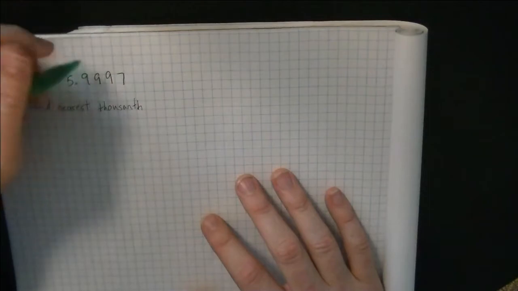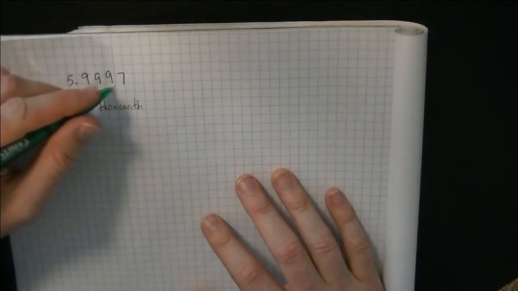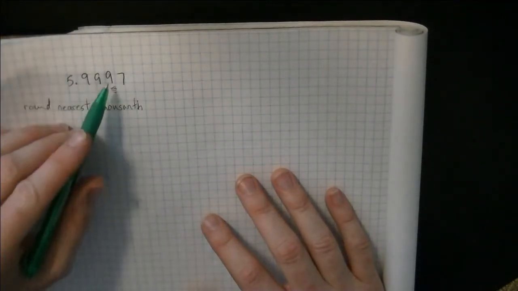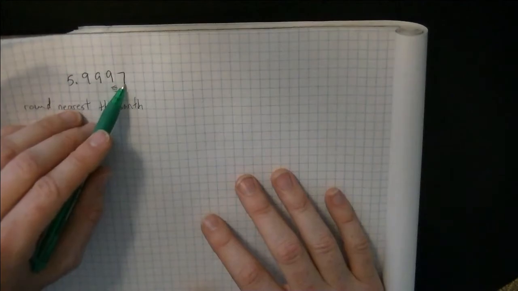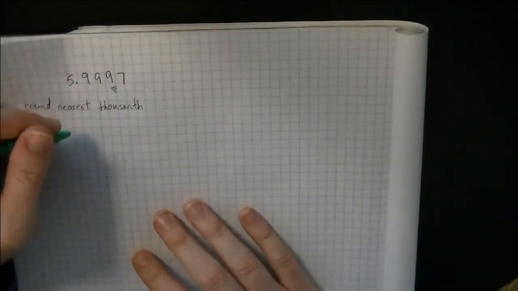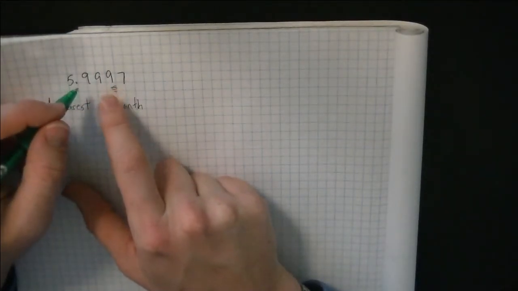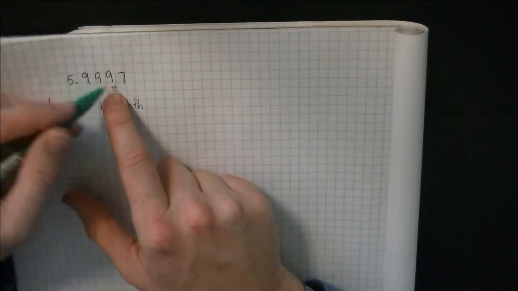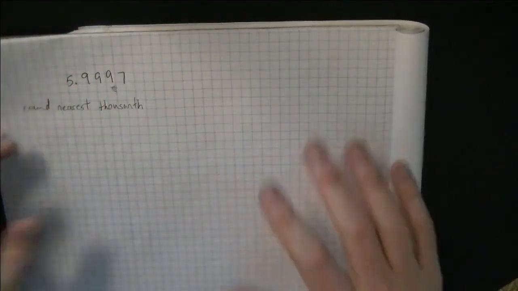So now, rounding to the nearest thousandth, what I'm going to do is I look at the thousandth place, that's the 9 there, and then I look at the next digit. That's more than 5, so I have to round up. So I'm going to add 1 to the thousandth digit, because I'm rounding up. So that 9 becomes a 10, but that's not a digit anymore.